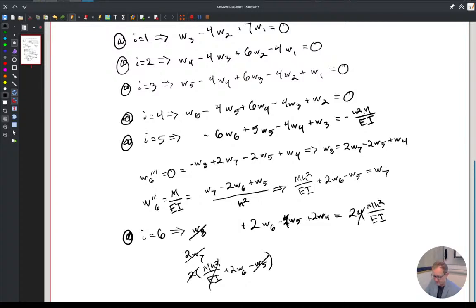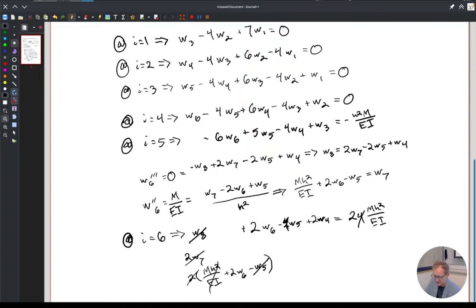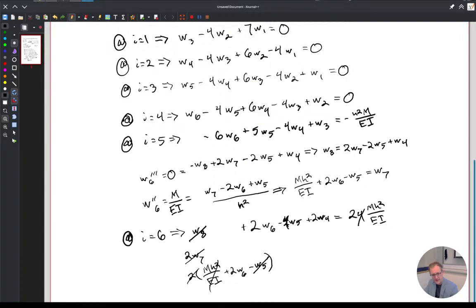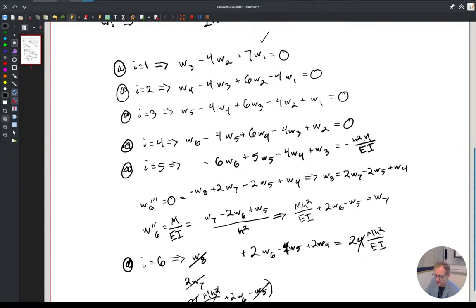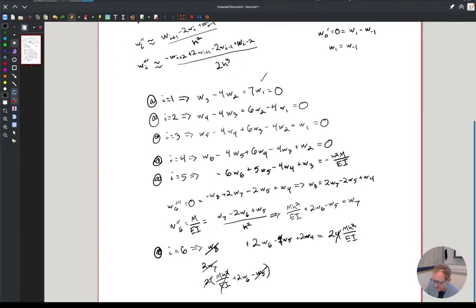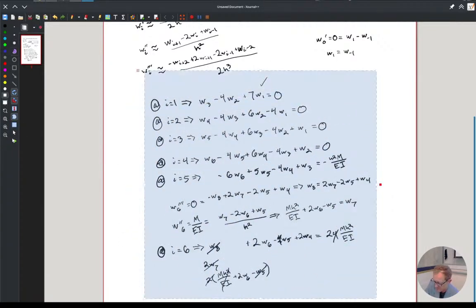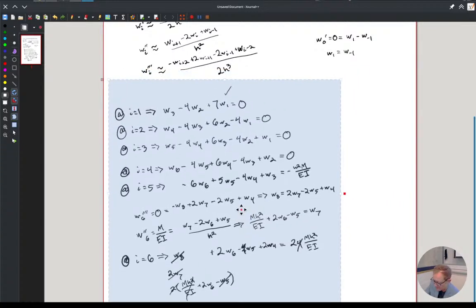All right, now we're making some progress, believe it or not, because I've got all these finite difference equations, and I can set it up. I'm going to zoom out some, and let's do this. Take all that, move it over here, make it smaller.